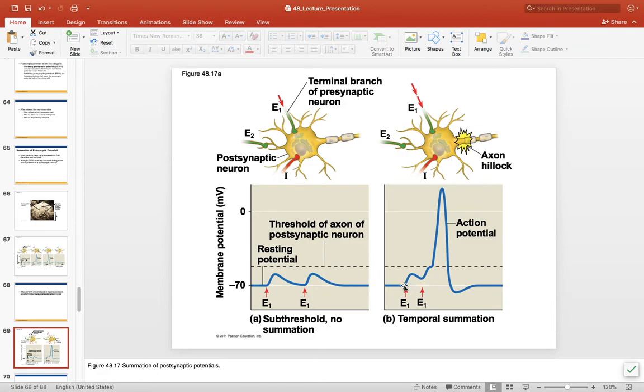In other words, you get a boost of membrane potential and then another boost, which gets you past the threshold and gives you that action potential. That's called temporal summation. So you can see the green here. You have two quick bursts of message coming into that cell, which causes an action potential to happen.